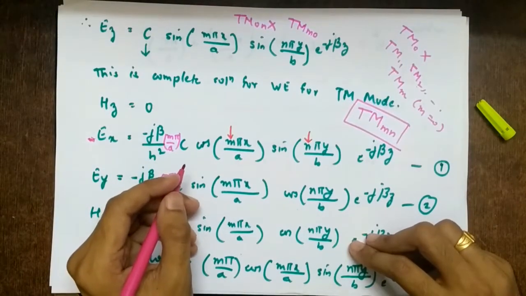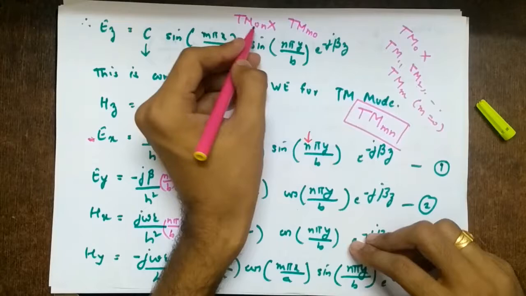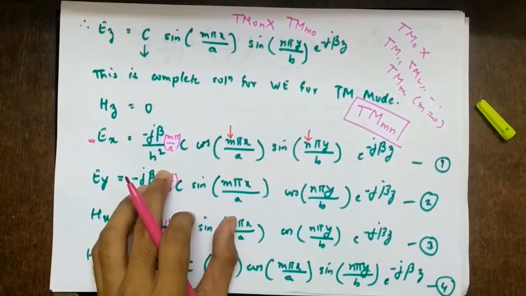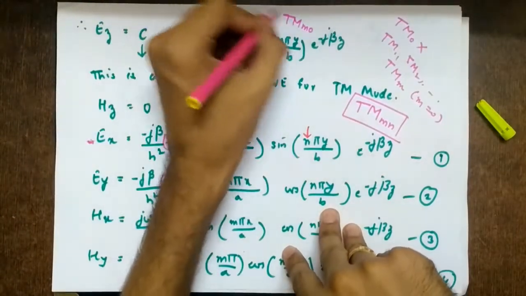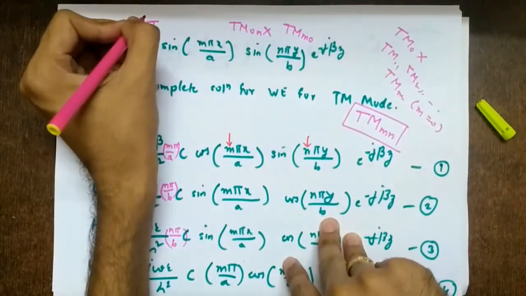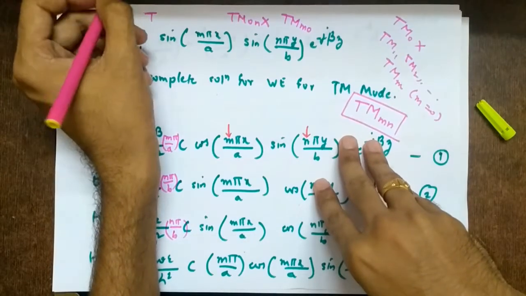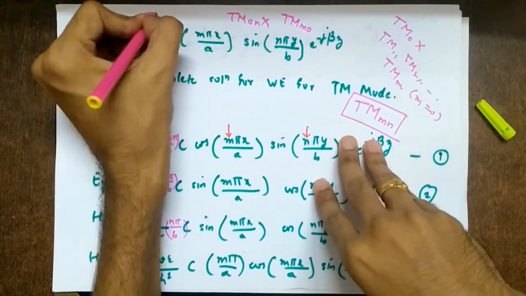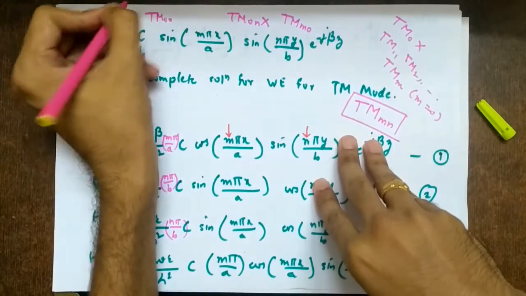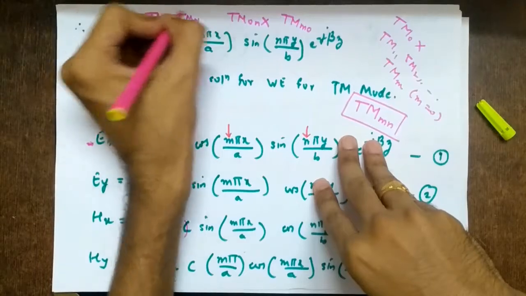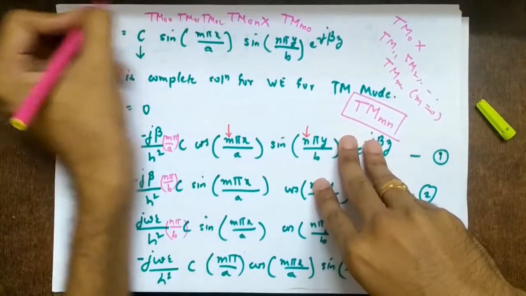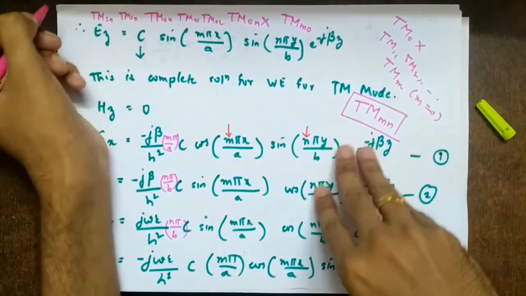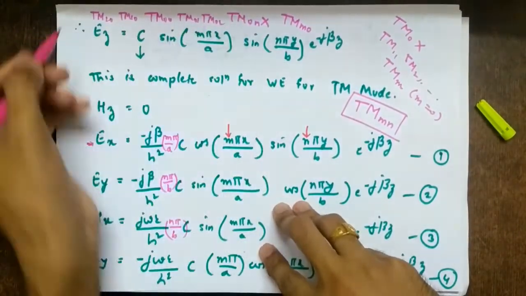So combining these two, I can say TM00 cannot exist. TM01 cannot exist. TM02 cannot exist. Further, TM10 cannot exist. TM20 cannot exist.